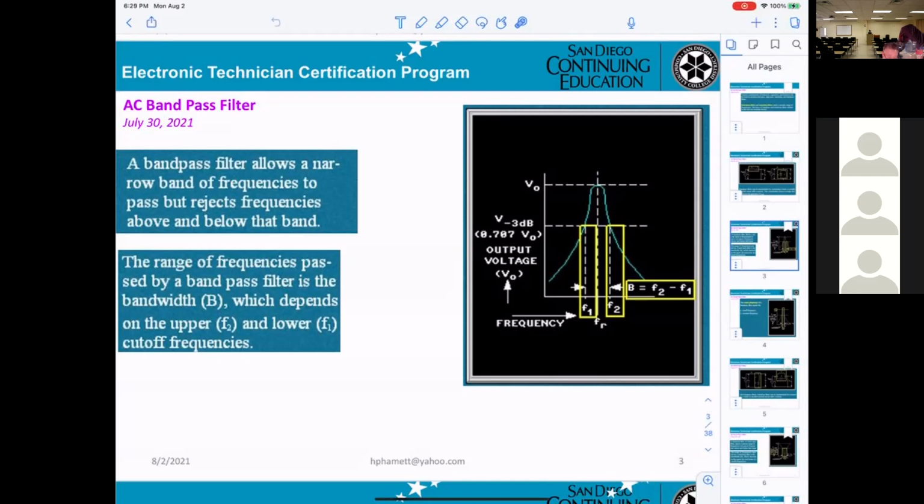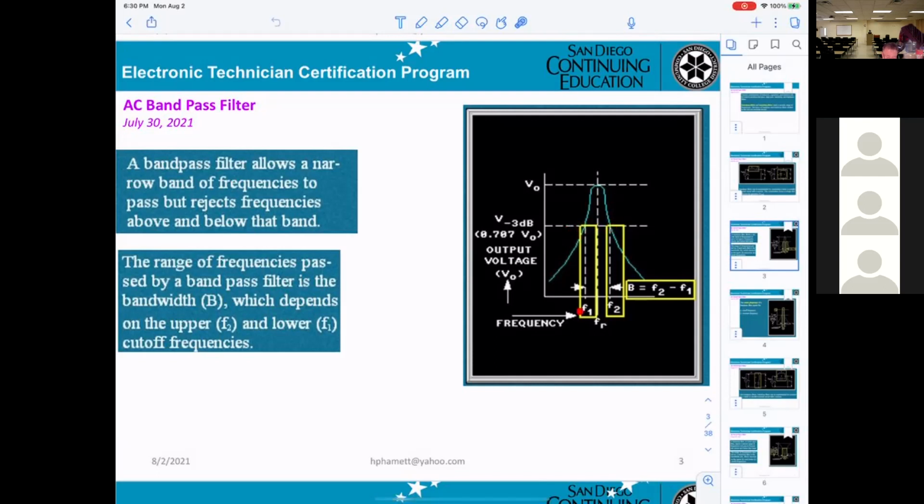However, if you're looking in here, this is the minus 3 dB cutoff frequency. At the cutoff frequency, the output will be down 3 dB. In this case, you get two points right here, one in here, one in here.